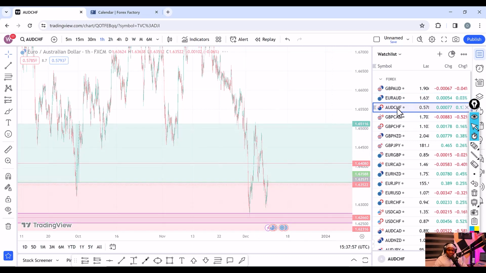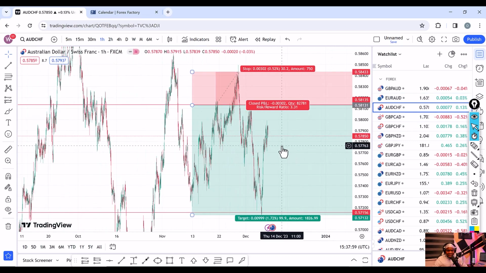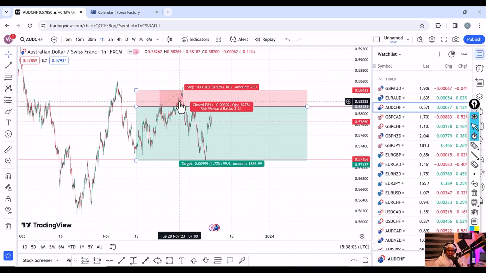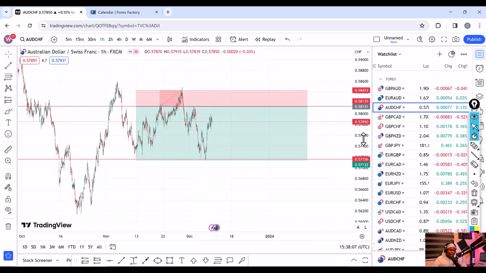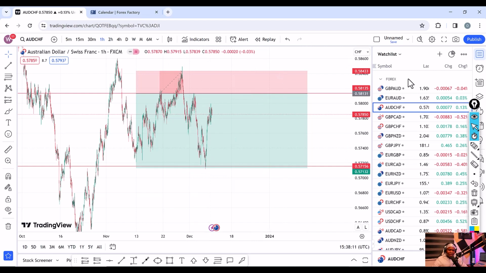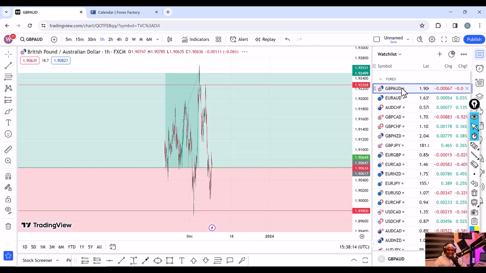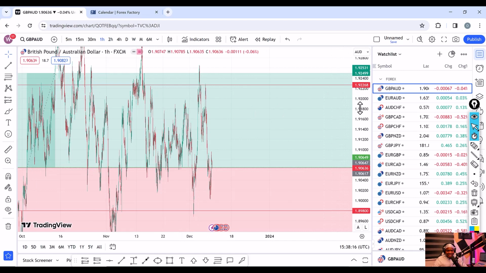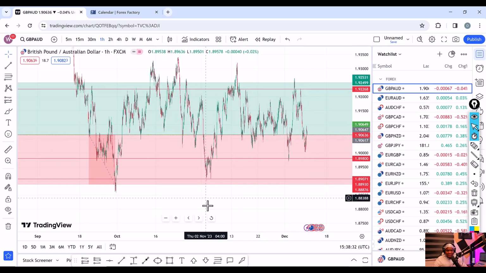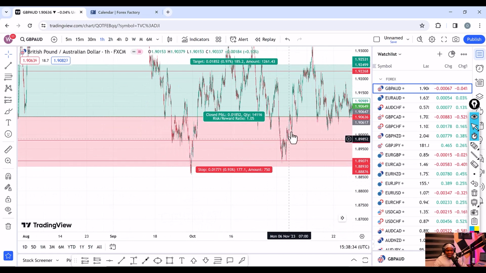AUD CHF, which we've established that AUD is going to fall for the week, is going to go all the way down to this level, and you'll be surprised that immediately the market gets here, it might start going back up. Immediately price gets here, can you see? These are the sellers region. You don't want to joke with the sellers. You don't want to taunt them. The buyer, buy here, buy here.